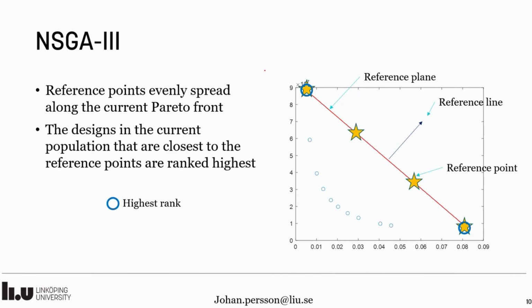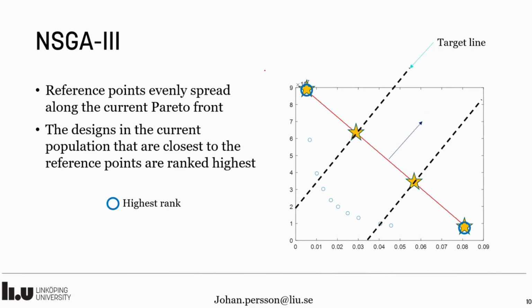So what we do then is that we copy the reference line so that they go through the reference points that we have. And now we would like to take the points that are closest to these target lines as the ones that have the second highest rank. So in this example, these 2 points would be ranked as point number 3 and 4, because they are the ones lying closest to any of the target lines.